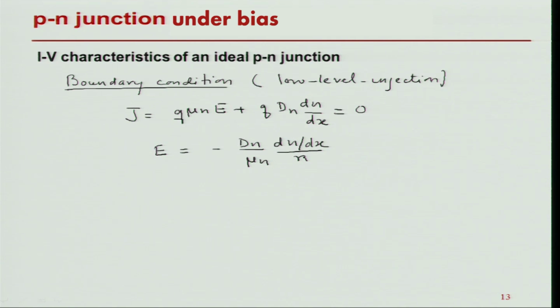Now we have earlier looked at E from an electrostatic point of view and calculated the field in the junction. Now, here we are doing the same thing, but we are looking at a situation where there could be a bias also. In this situation I will use the Einstein relationship, which relates the mobility of the carriers to the diffusion constant.